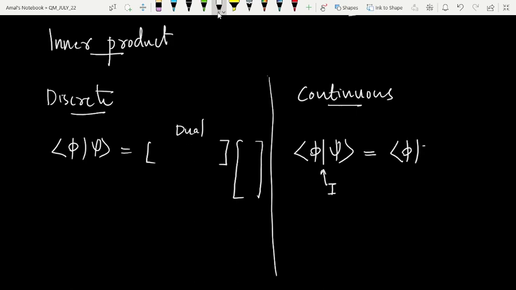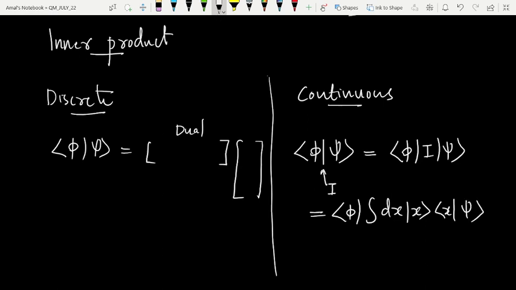Then this will become phi identity psi, and if I substitute the identity, it will become phi integral dx x outer product with x psi, right? And if I take the integral outside, integral dx, then I will get two inner products. One is phi with x and the other one is x with psi.